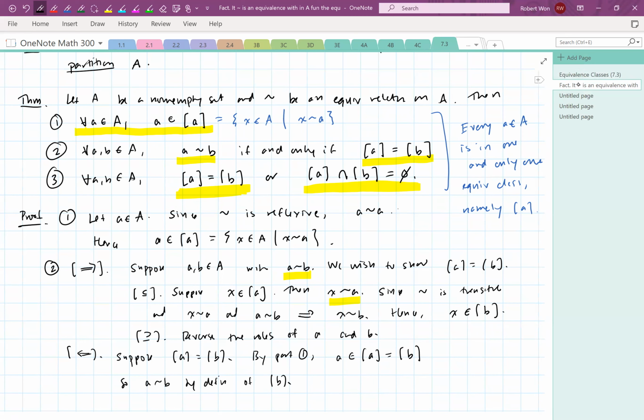So what we've shown is that every element of A is in one and only one equivalence class of this equivalence relation tilde. What this means is that we can take this whole set A, and if I look at every single element in A, it's in some equivalence class.